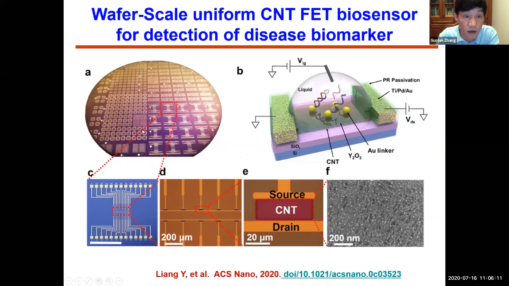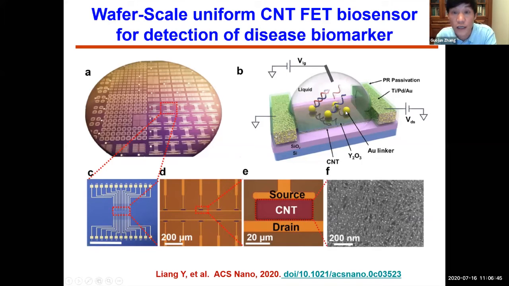This is a wafer, and CNT is deposited on the silicon oxide surface, and then source and drain are fabricated. On the CNT surface, yttrium oxide was also deposited, and on this surface, we decorated the gold nanoparticle.